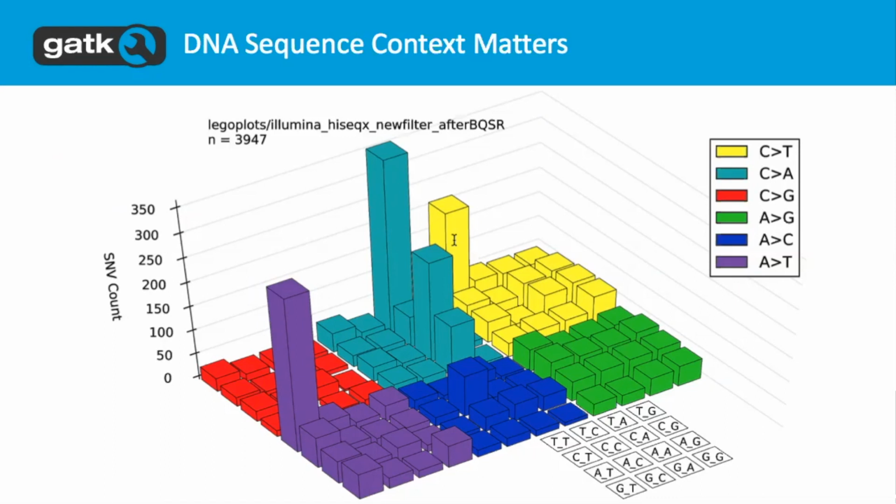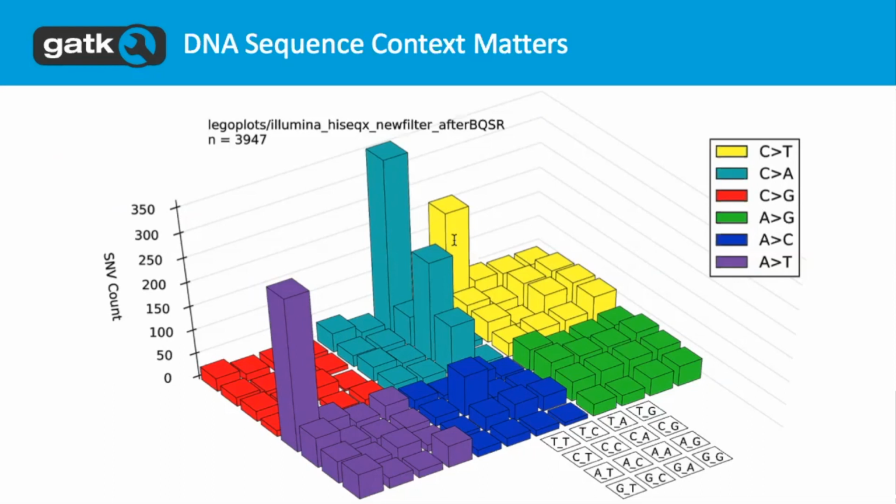And here in the green, you can see this represents A to G SNP. So this is basically a distribution of A to G SNPs given the surrounding bases. And this is done for all the different SNPs.